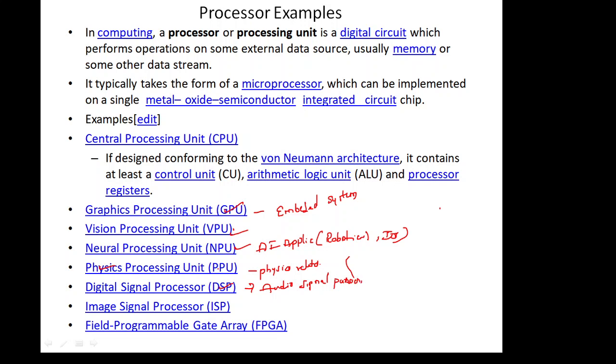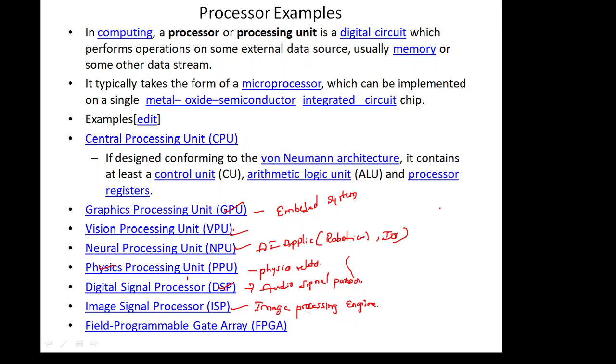Fine. Next one is the image signal processor, or we can say an ISP. We can also call it an image processing engine, so ISP or IPE.